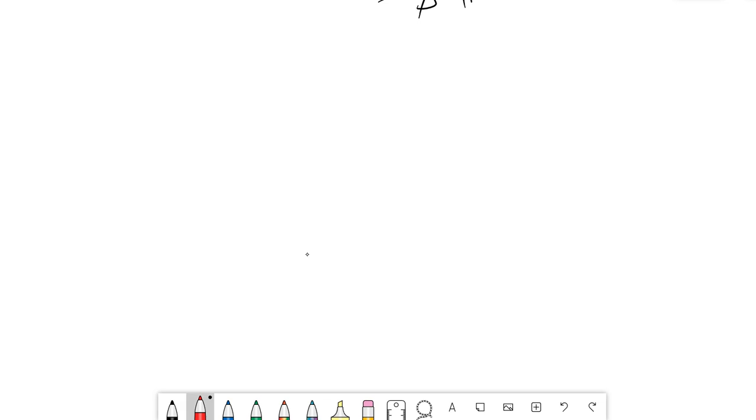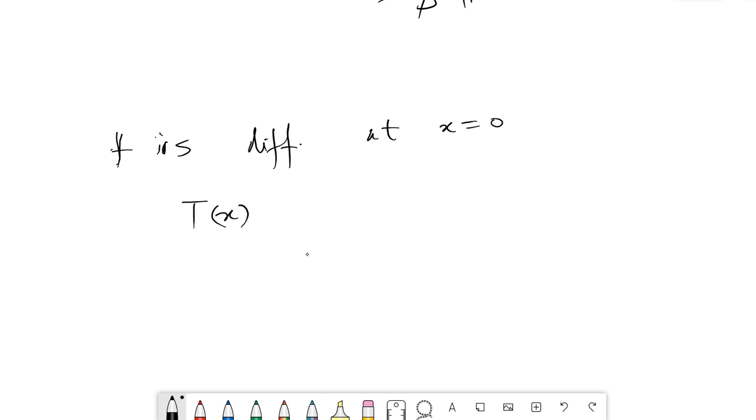Okay, so we just saw that f is differentiable at x equals 0 if we have this d of x is equal to f at point a plus m times x minus a.